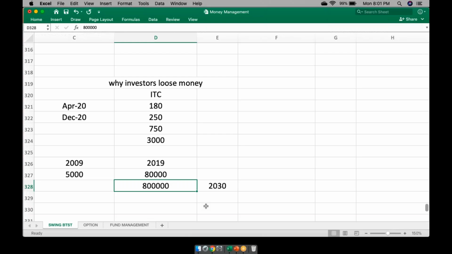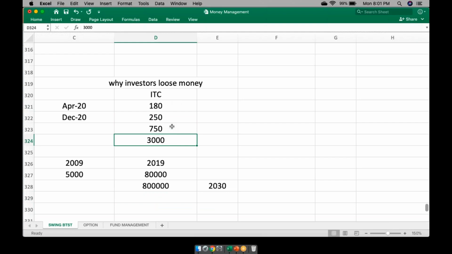The gigantic growth will happen only in one phase of the life. See, the company is already established. Already now it's at the peak. Now it will get stabilized. That is the industrial growth. So don't expect ITC to go from 180 rupees to 3000 rupees.